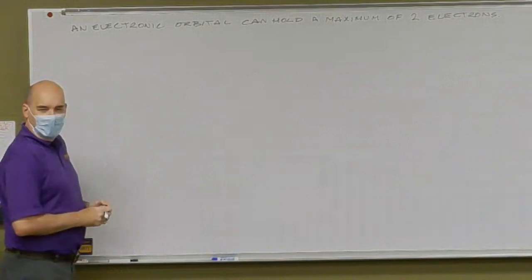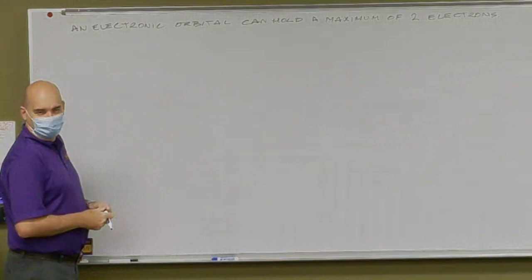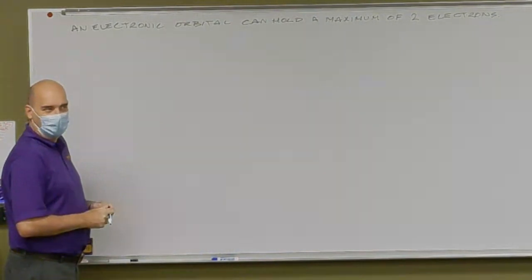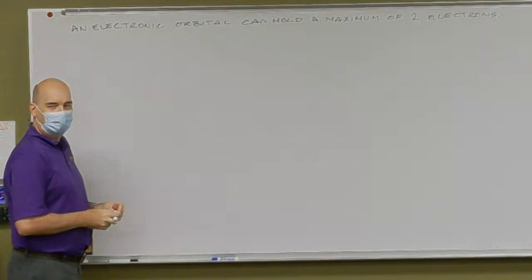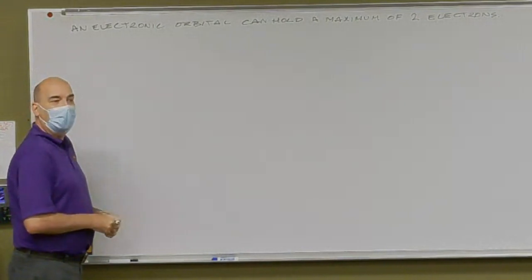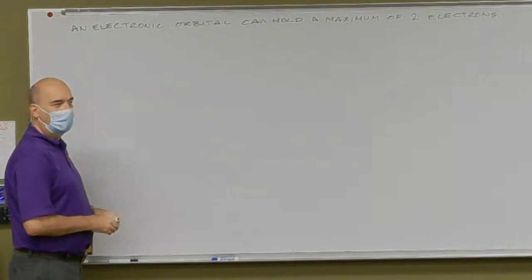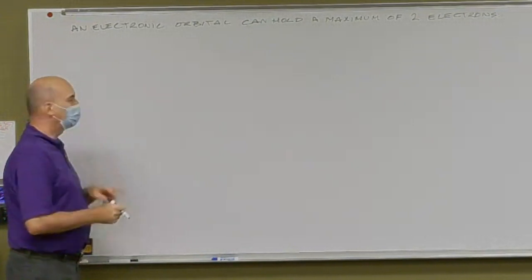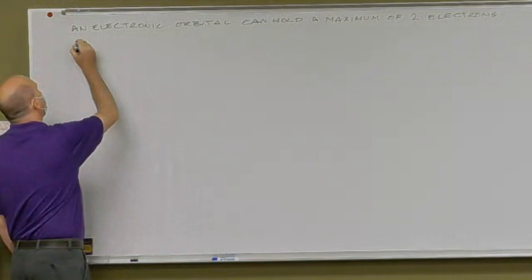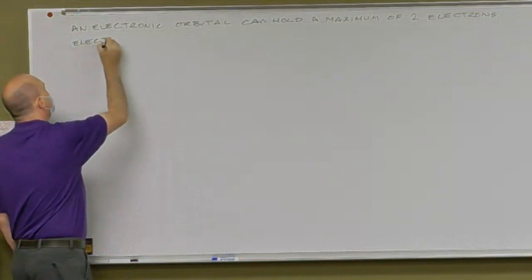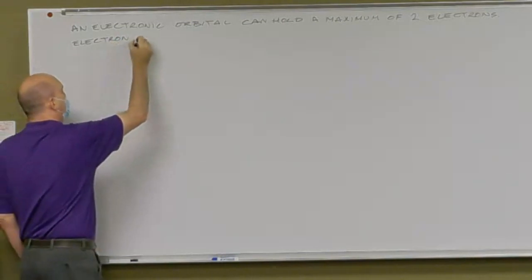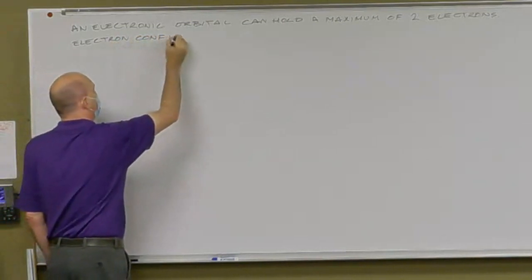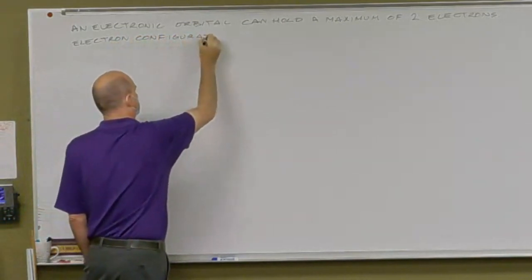Okay. So let's count them in. And what we're going to do is look at an orbital's occupancy. How many electrons does it hold? And it's governed by 3 rules. This is a thing that we're going to ultimately end up calling electron configuration.